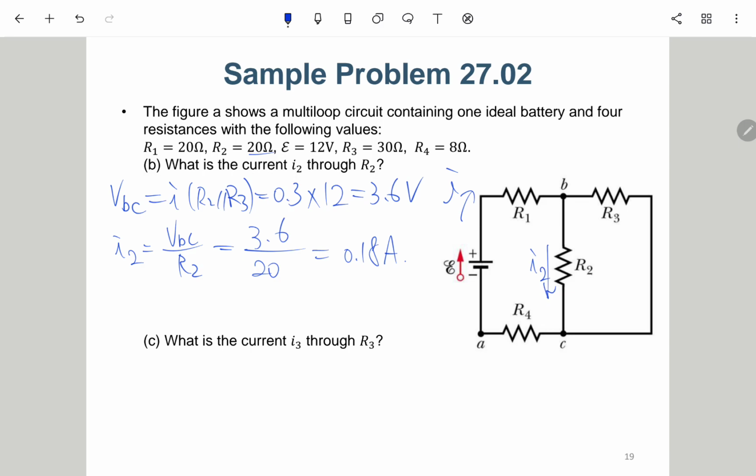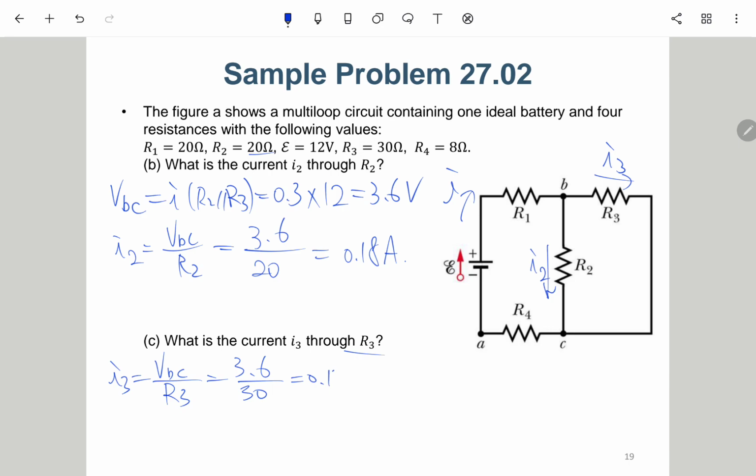Okay, so what is the current I3 going through R3? You can also make use of I3 equals VBC over R3, which is 3.6 over R3 is 30.